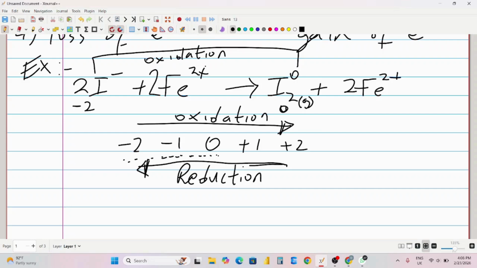Then for iron, it is going from 2 times +3, so that's +6. Okay, I think there's an error in the equation itself. It is 3 here, sorry.